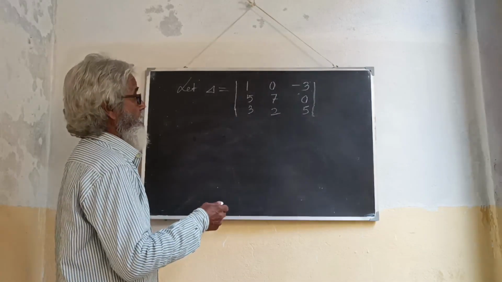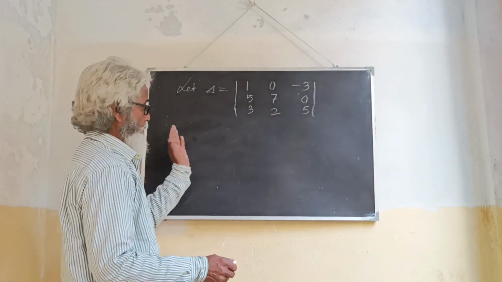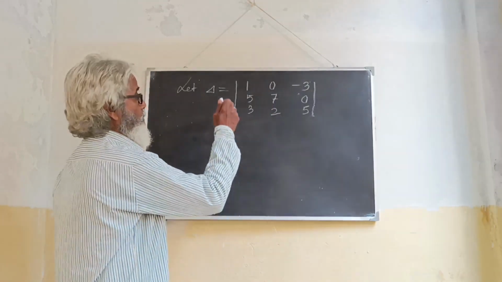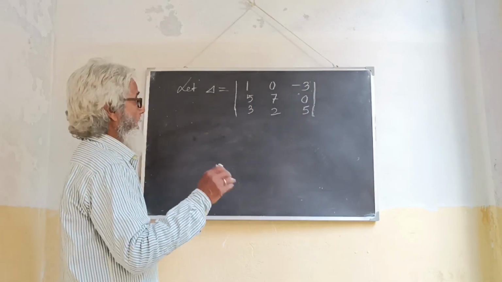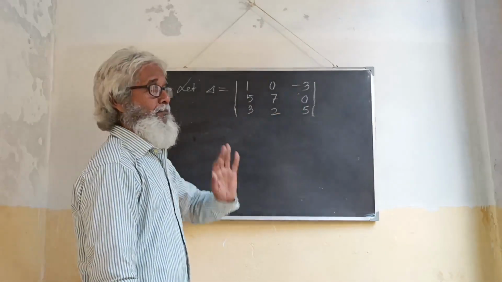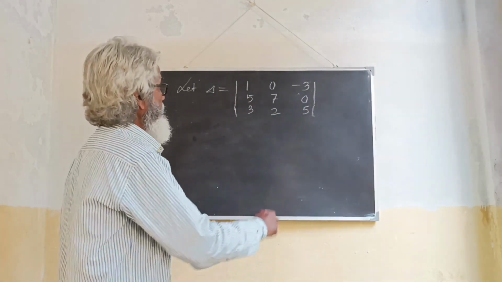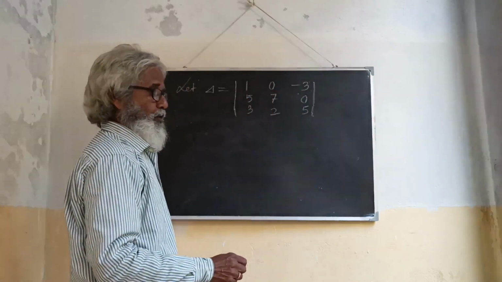But when you consider the elements of a row, then for this property you never consider the cofactors of the corresponding elements of the same row or column. Here, let me consider the elements of first row and the cofactors of the elements of second row.